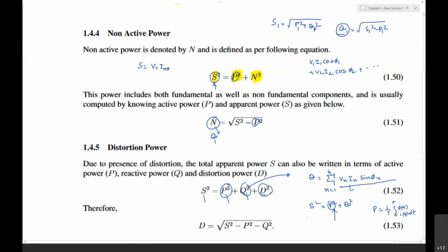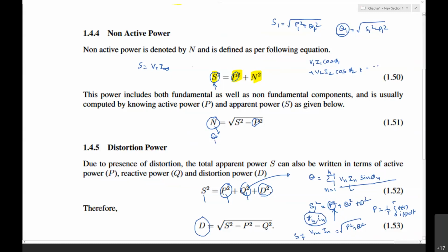When you have harmonics in the voltage and in the current, you find out the RMS voltage and the RMS current, and you can find out the S. In that case, S is not equal to the square root of P square plus Q square when you have harmonics in the voltage and harmonics in the current. There is one more factor which is going to come, the D square term. S square is equal to P square plus Q square plus D square. Then D is equal to the square root of S square minus P square minus Q square. This power they call a distortion power.